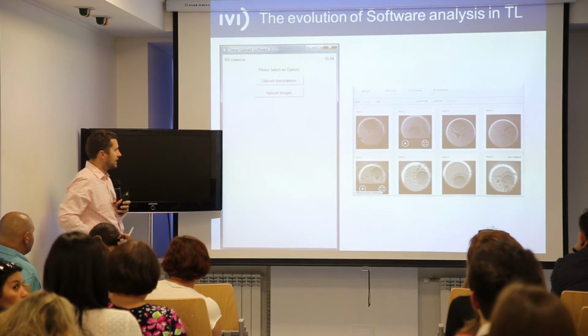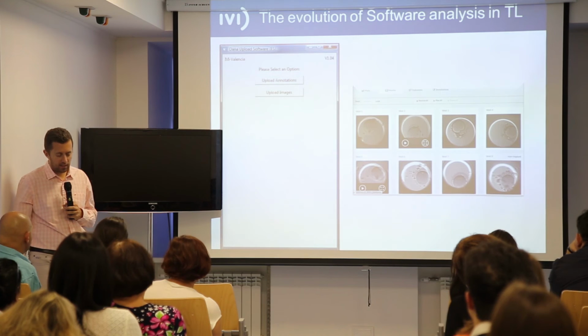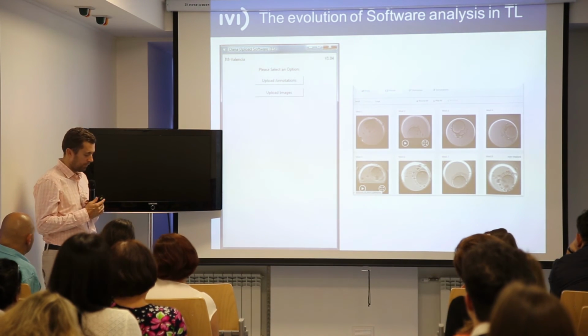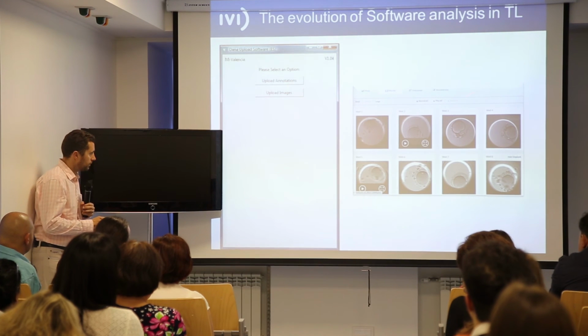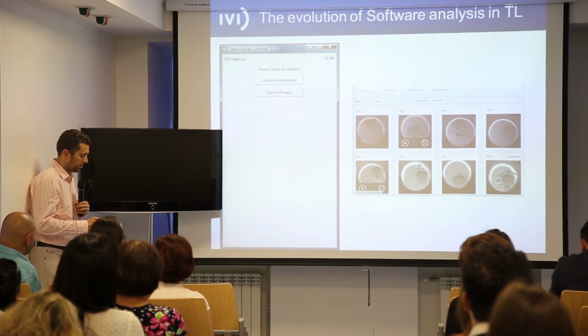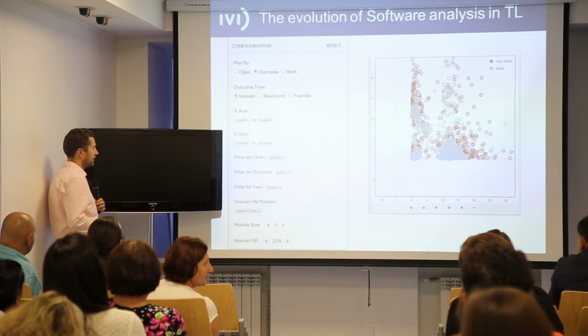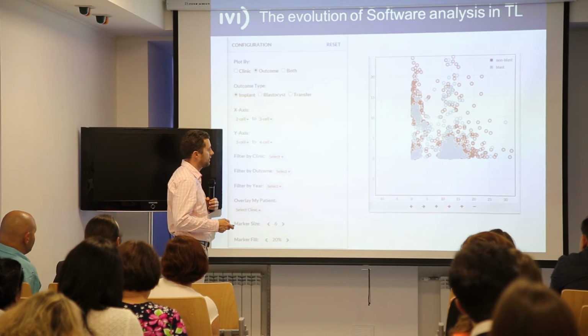So just to finalize, I would like to show you the evolution of the software. This is a prototype of software that was designed in California, United States, that basically is able to do this: you upload from your time-lapse system all your annotations, you upload all your images of your embryos, and you can work with them. At the end, each embryo is represented like a dot in a graphic.